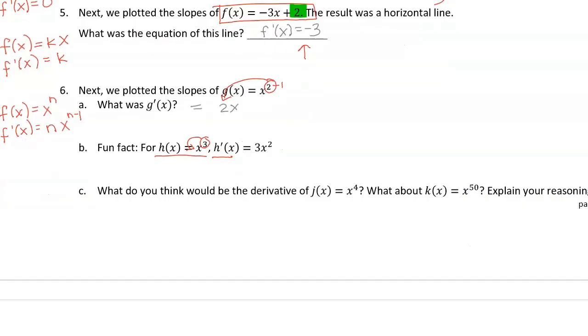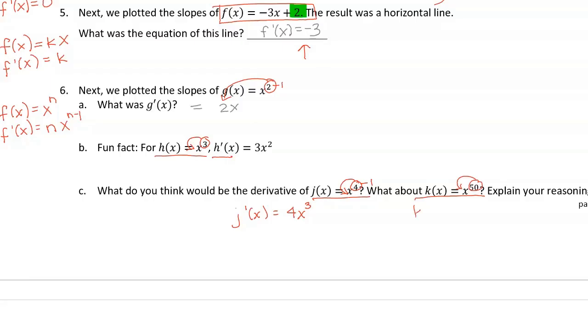Now, using this same procedure, what would the derivative of j of x equals x to the 4th be? Well, the 4 is going to come out front, so j prime of x is going to be 4x, and then I'm going to subtract 1 from the exponent. So that'll be 4x cubed. What about k of x equals x to the 50th?